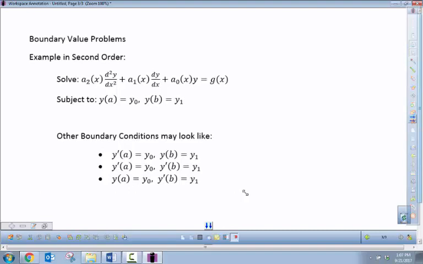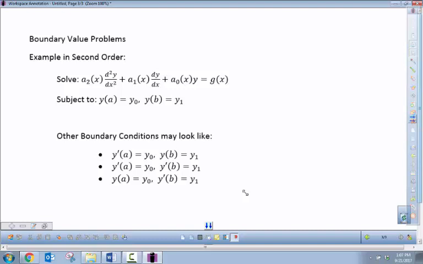So sometimes a differential equation gives you information not about the original function and the first derivative at a point, but instead it gives you information about the starting point and ending point of something.